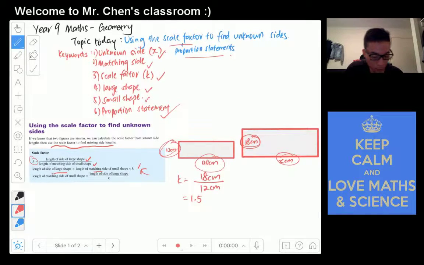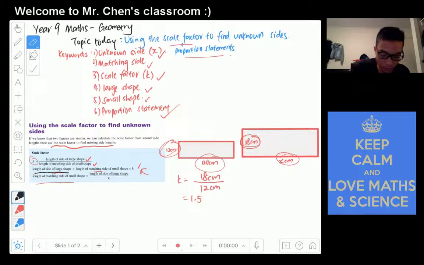So using the formula right here, we want to use this one: length of the side of the large shape, the unknown. I will write it down here so that we have more space.